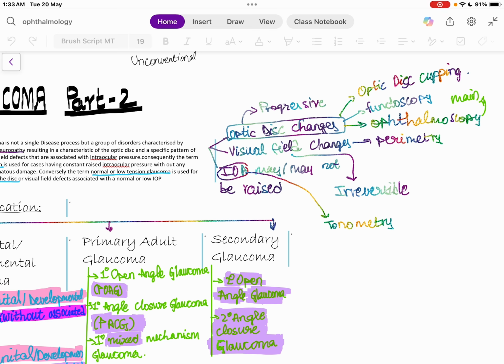Mainly the ophthalmoscope is used, and if we see optic disc changes, we can see cupping of the optic disc. Visual field changes are measured using perimetry, and these are irreversible. Intraocular pressure may or may not be raised, and it is measured using tonometry.